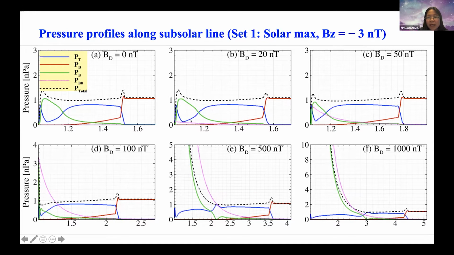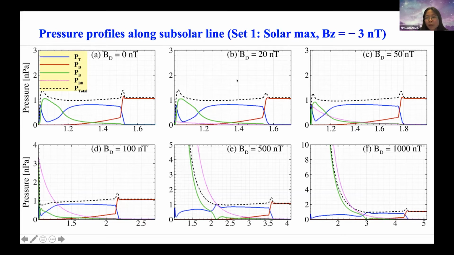And then the purple line shows the planetary magnetic pressure. The relative importance of this ionospheric thermal pressure versus planetary magnetic pressure actually determines whether this is an ionospheric dominated interaction or a planetary magnetosphere dominated interaction.